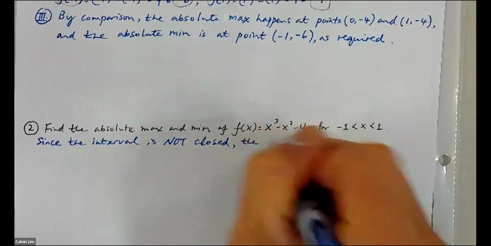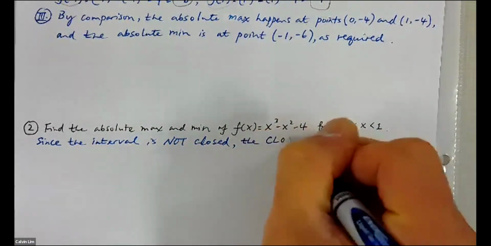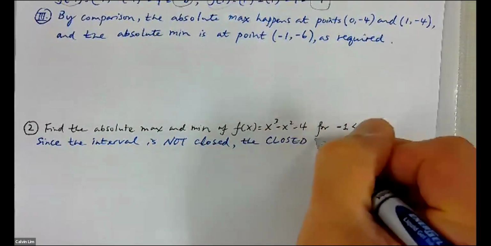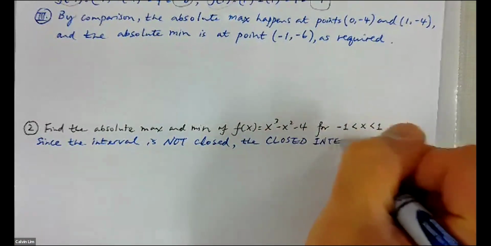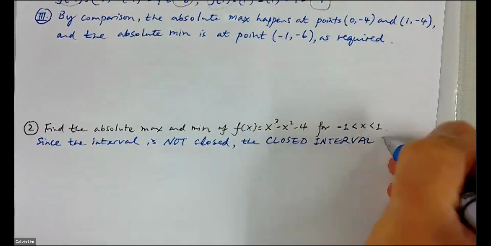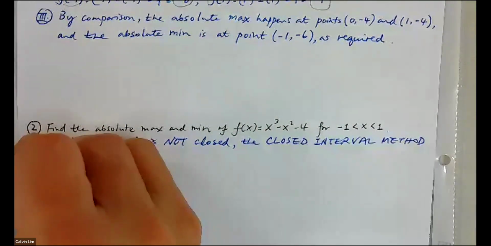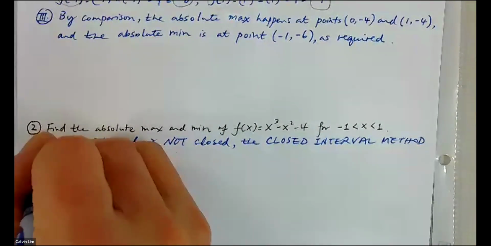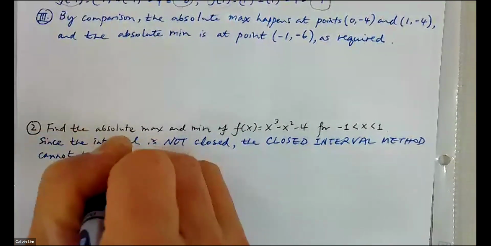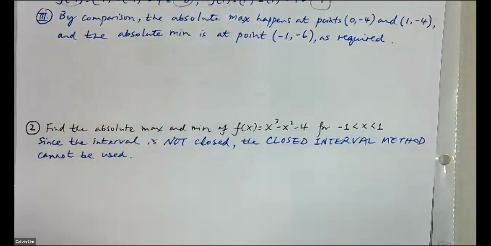So the closed interval method cannot be used. So what do we have to do?